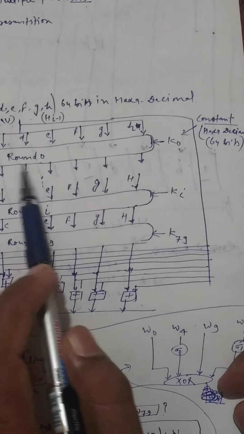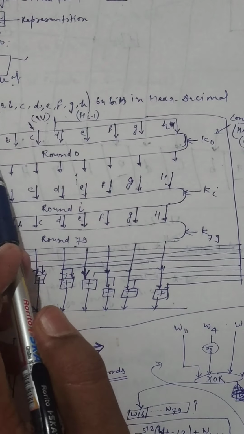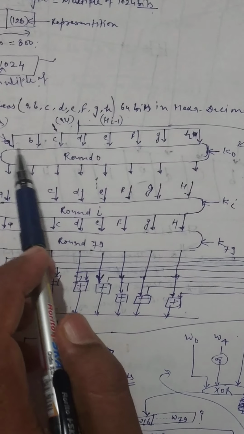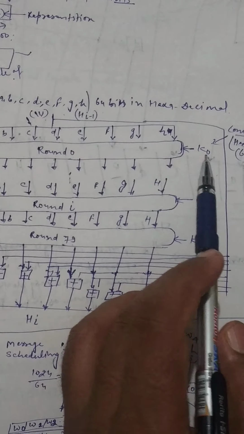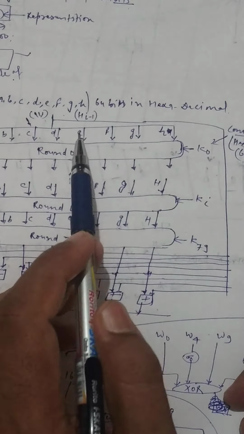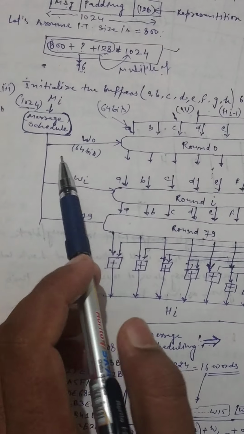So in each round the values are the initialization buffers A B C D E F G H, one constant, each of size 64 bits. Now we are taking the message schedule.